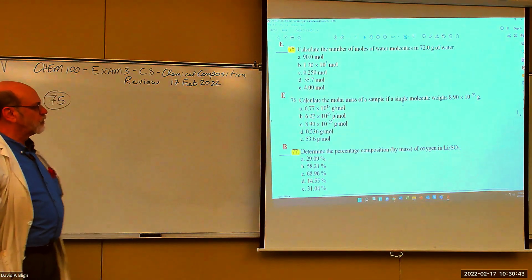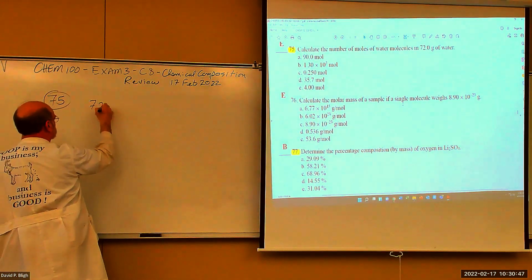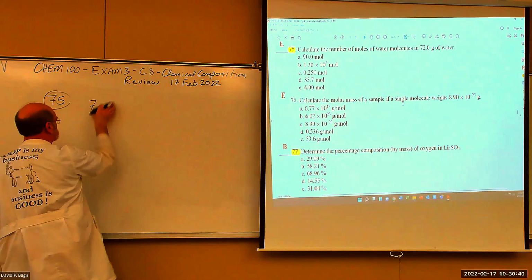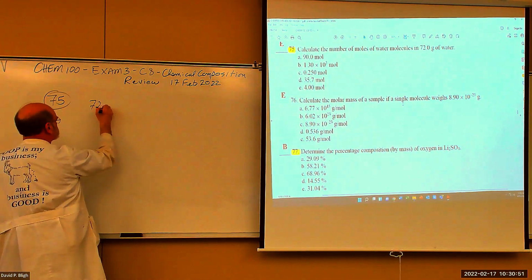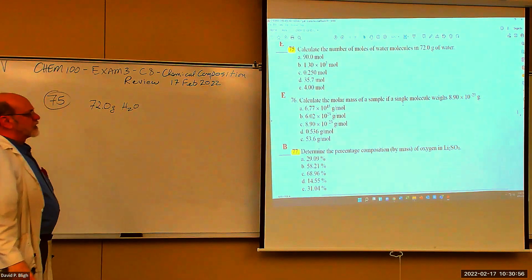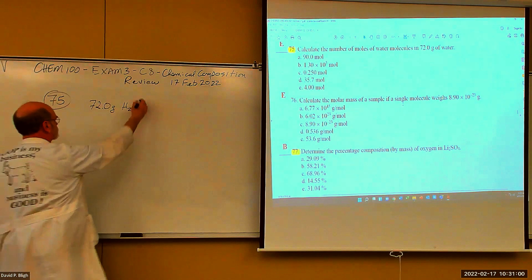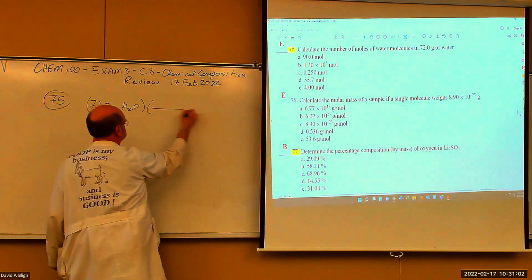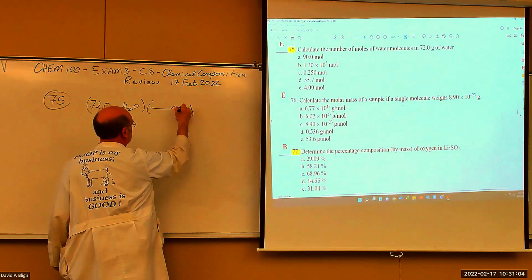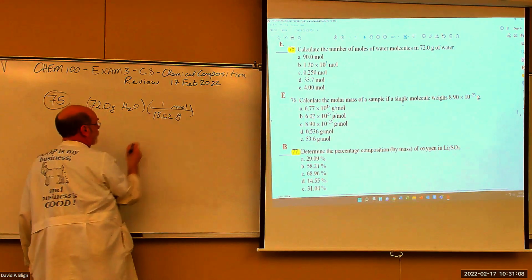Calculate the number of moles of water molecules in 72 grams of water. 72. And it's kind of redundant, grams of water. So the number of moles of water, grams per mole, right? We already calculated that once.